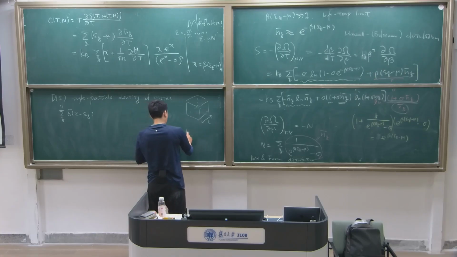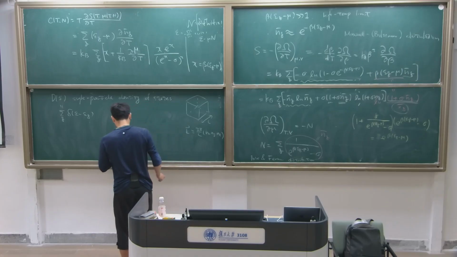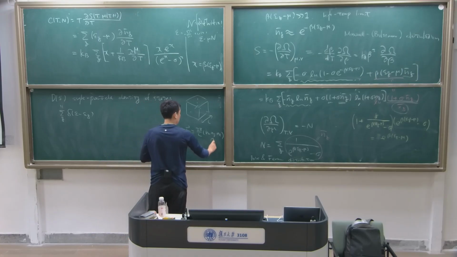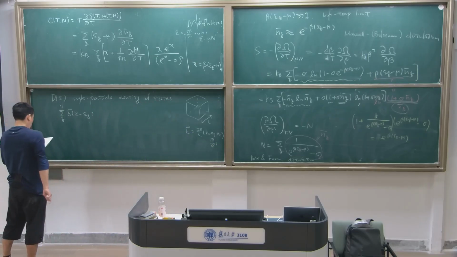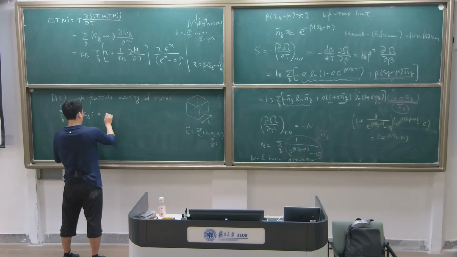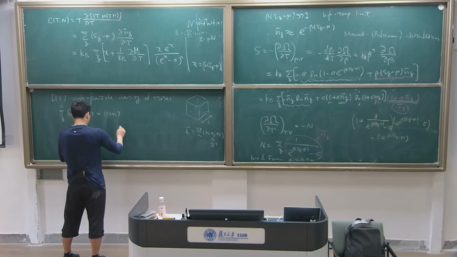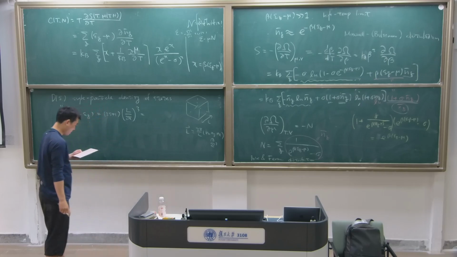Then the momentum is quantized. You can have a spin s with total degeneracy 2s plus 1, and then L over 2 pi to the power d.